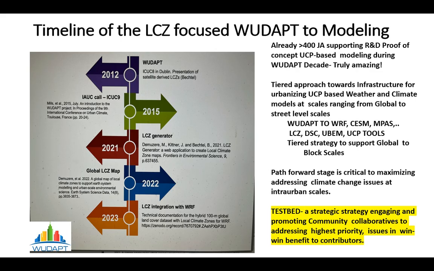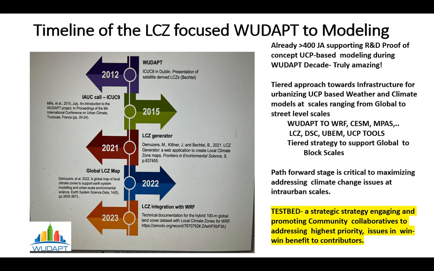So here's a timeline of the decade of WUDAPT. It started off when we began the proof of concept in 2012. Moving forward, the IAUC came about and said, yeah, we should get the IAUC community involved, and there's a lot of history here that you've heard already. In 2023, having now gotten the global map, we wanted to see if we could move the global map into models, into WRF, into CESM, and then into the MPAS system.